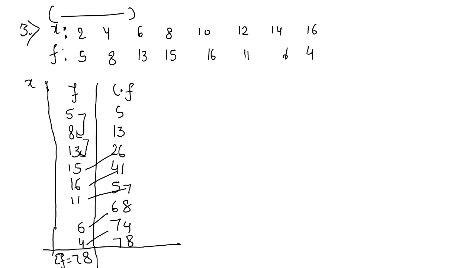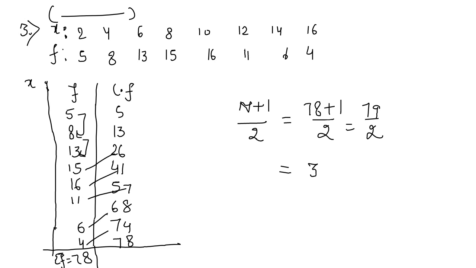Okay. After that, here calculate n plus 1 by 2. N plus 1 by 2 is equal to 78 plus 1 divided by 2. 79 by 2. Calculate its value. It is 39.5.